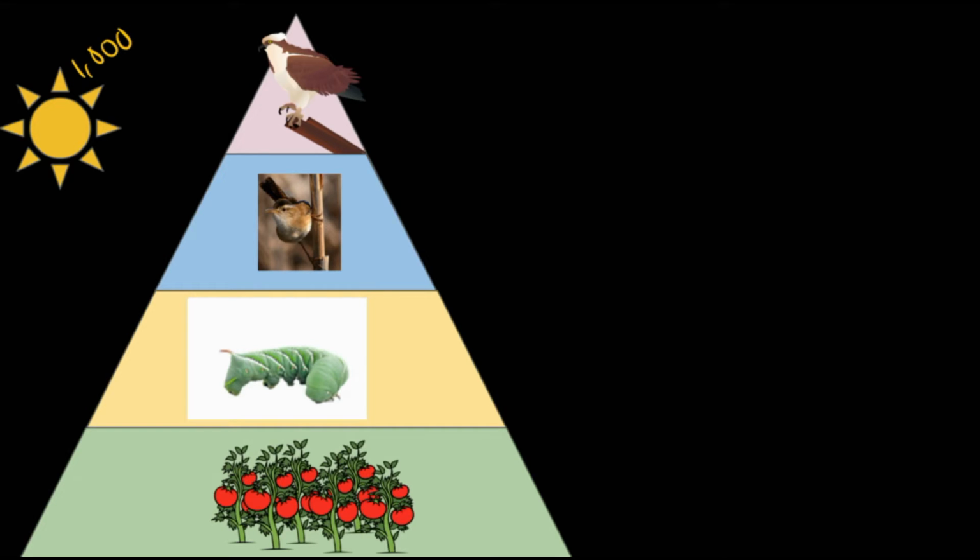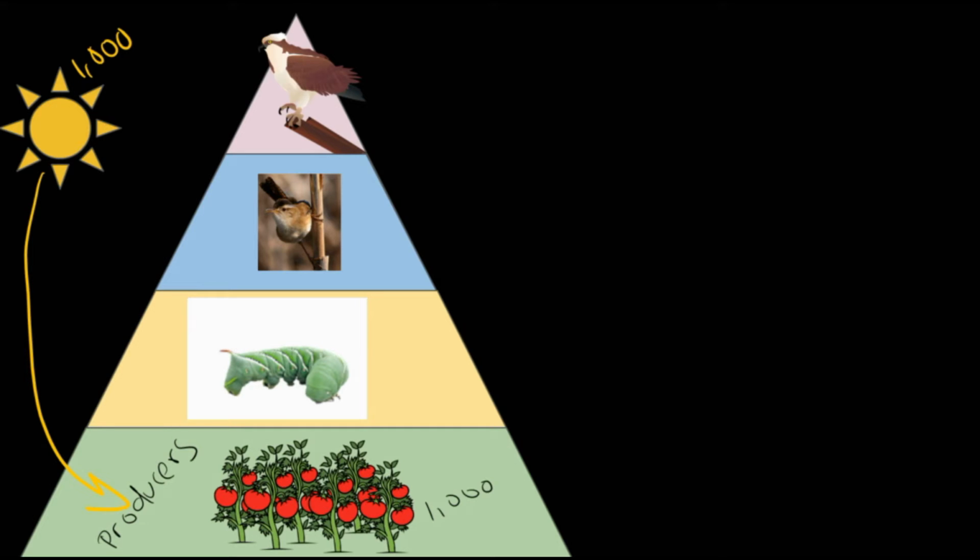And that 1,000 units of energy is going to go directly to our producers. And so I'm going to write down here, producers. That means they get the full amount of 1,000 units from the sun.